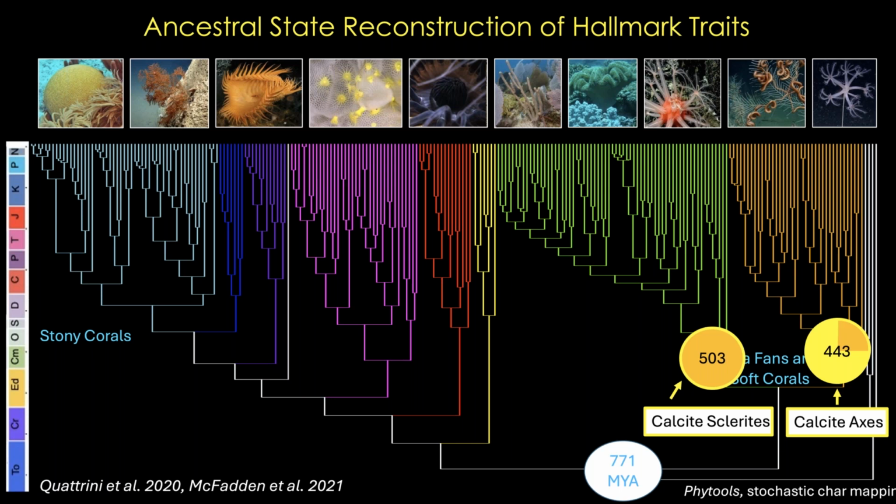They don't have central axes, but they might have these sclerites that I showed you, these microscopic elements that are made of calcite in the tissues. All octocorals do have sclerites, but there are some octocorals that have no central axes, the true soft corals. And then aragonite appears in both complex and robust stony coral groups around 330 to 357 million years ago.